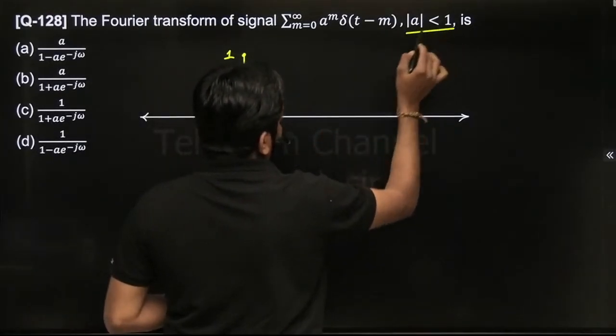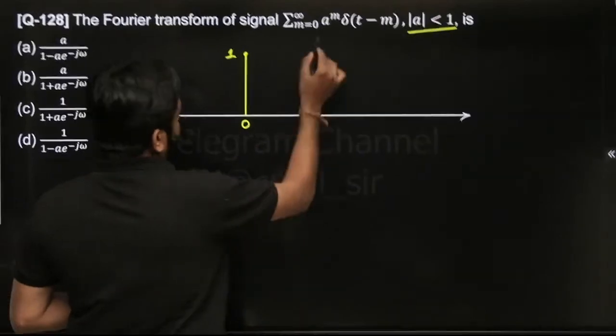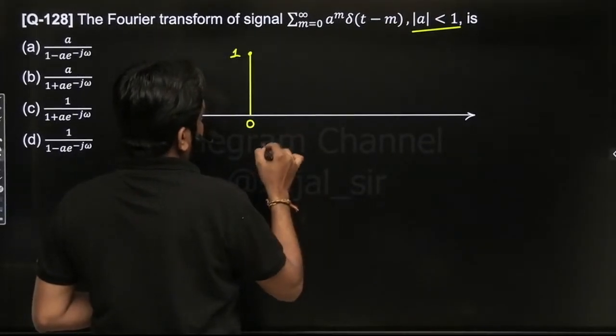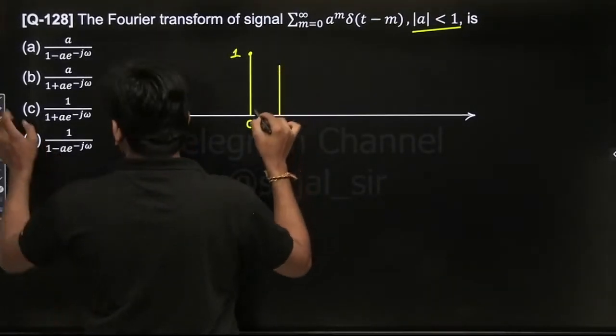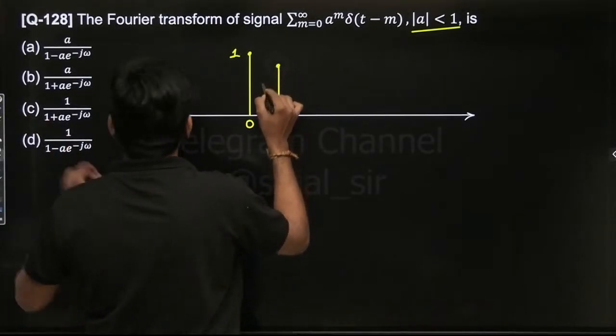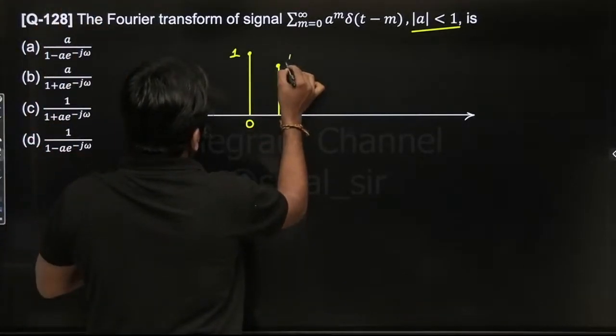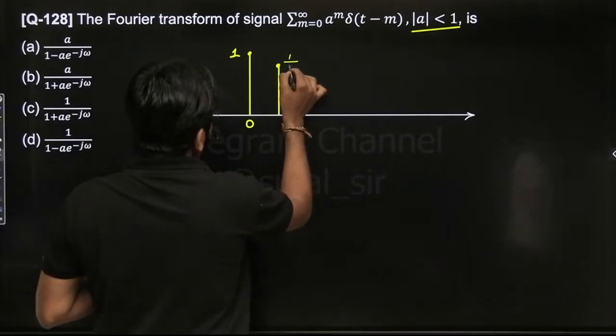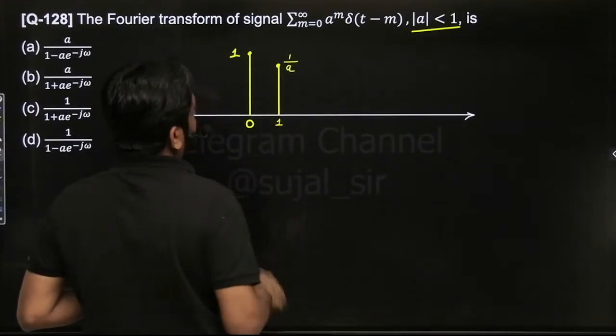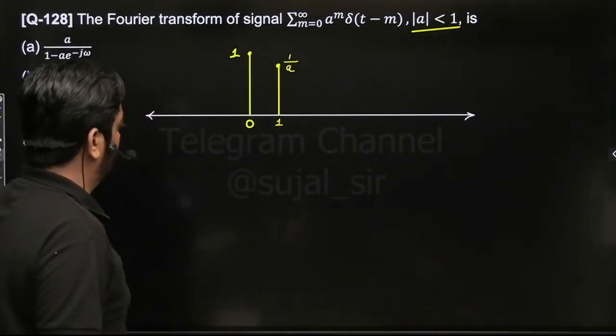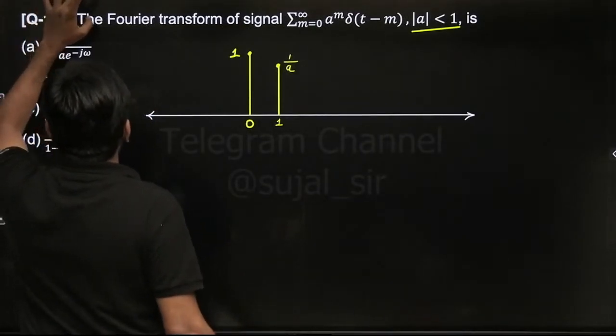Now see, mod a less than 1, guys. So a power 1, it will be an impulse with amplitude a at m equal to 1, guys. Correct. Again, put m equal to 2.